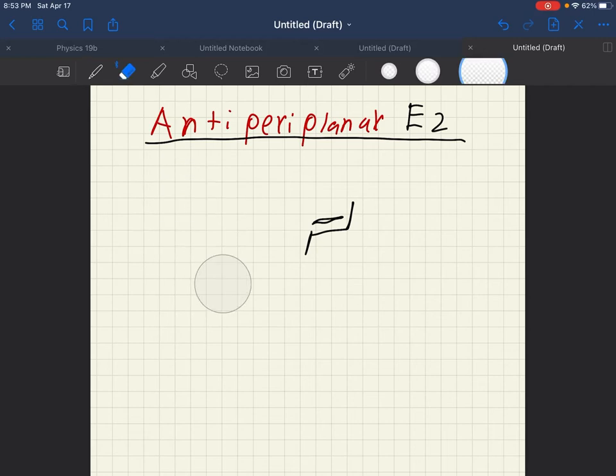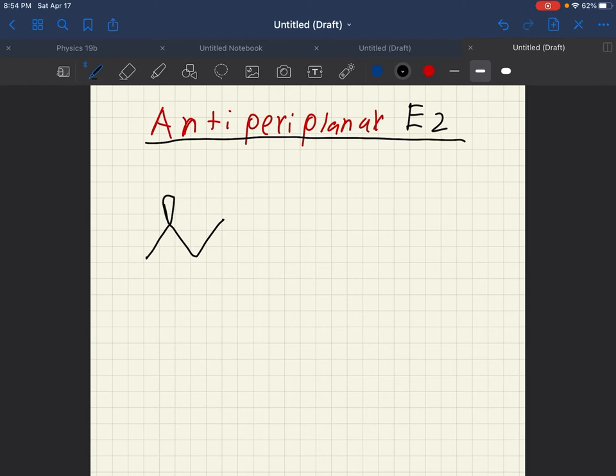However, if you had something that looked like this, let's say, oh, my bad. Yeah, let's say this. And let's say you have a methyl here. This cannot undergo an E2 elimination until the bond is rotated. So you'd have to rotate this bond right here or right here in order for the E2 elimination to occur.